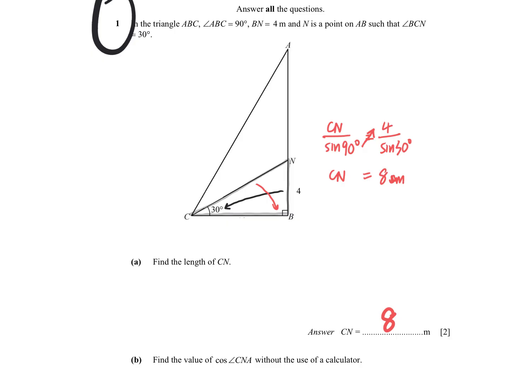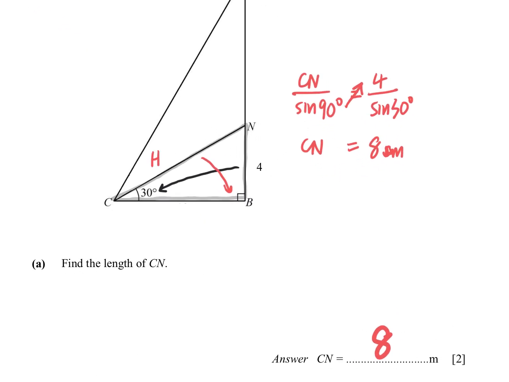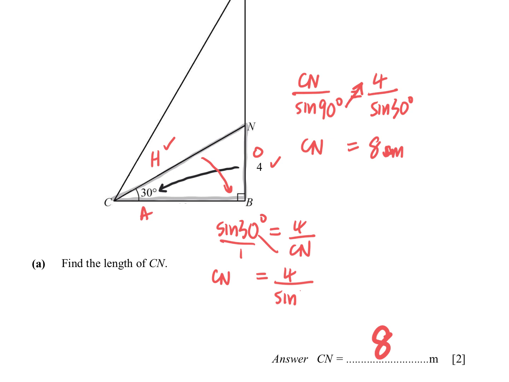Or if you don't like to use sine rule, you can do H, A and O. You have O, you want to find H. So sine 30 degrees is 4 over CN. So you cross multiply. You will also get the same answer. So this is using sine rule.